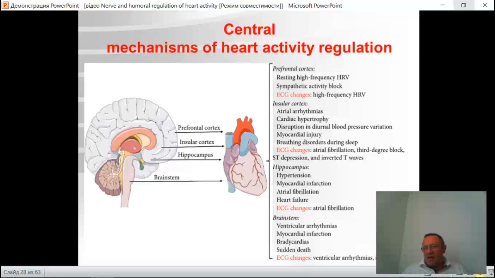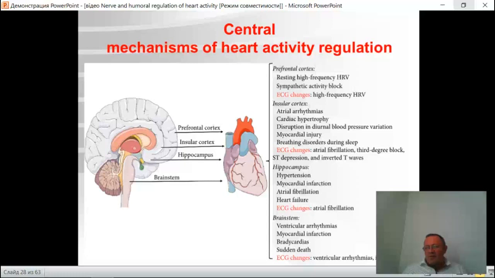The effect of the hippocampus is seen during hypertension, myocardial infarction, atrial fibrillation, heart failure, and atrial fibrillation on electrocardiograms.